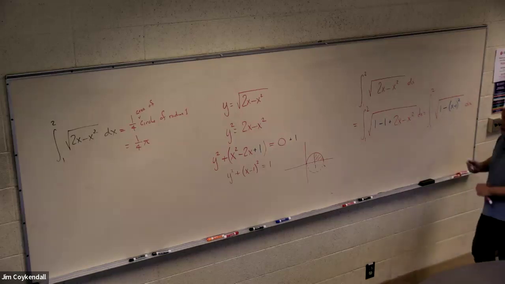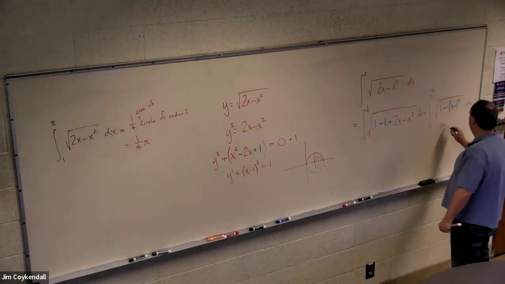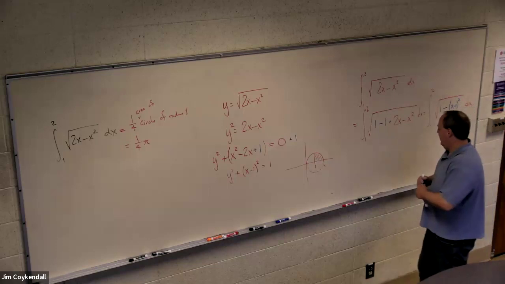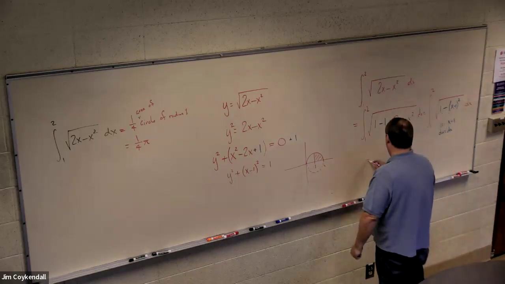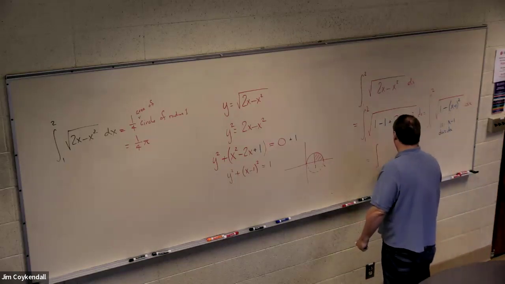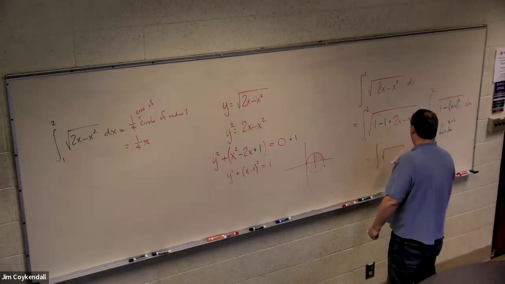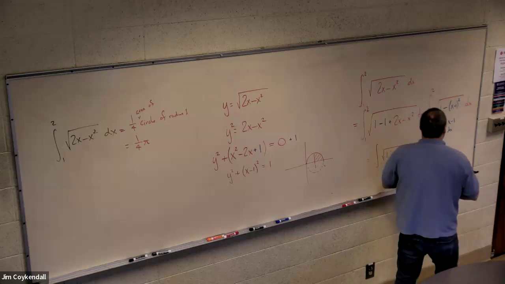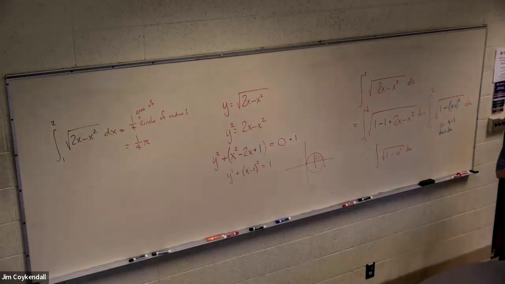Now on this one, do the substitution. u equals x minus 1. So du is dx. And this now becomes the integral of the square root of 1 minus u squared. And what are my new limits?